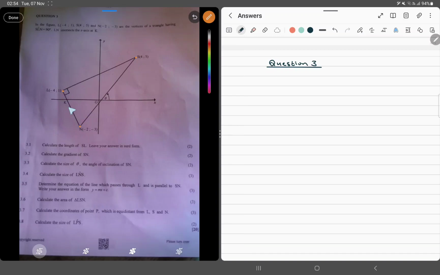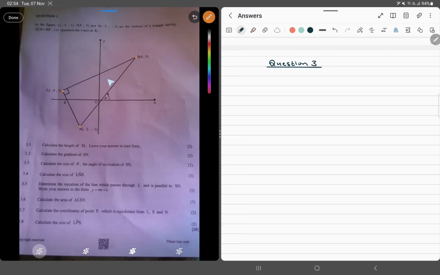We've got 2 points on LN. We can do the gradient. From the gradient, using one of the points, we can get the equation of the line. From the equation of the line, we can work out the x-intercept K. Now on LS, we've got 2 points. Again, we can find the gradient. With the gradient and any one of the 2 points, we can find the equation of that line.